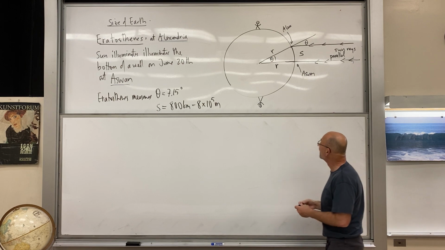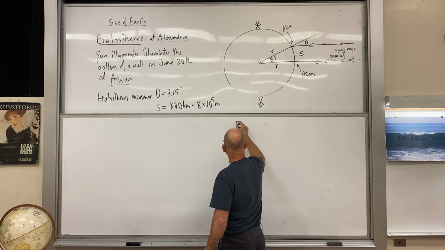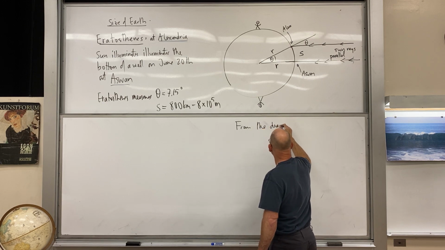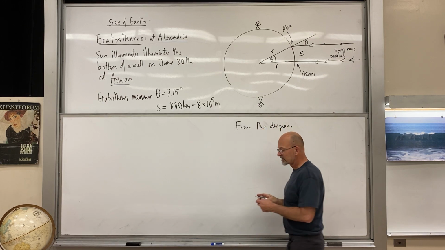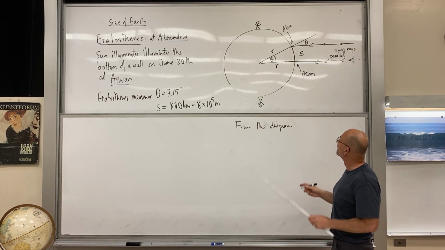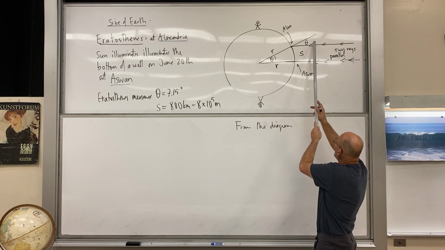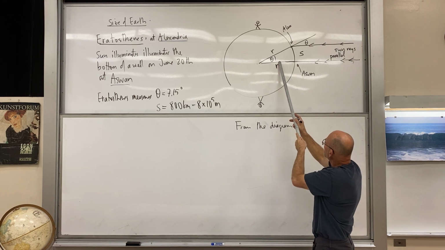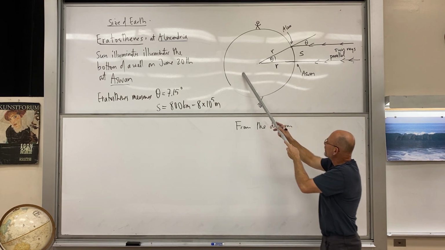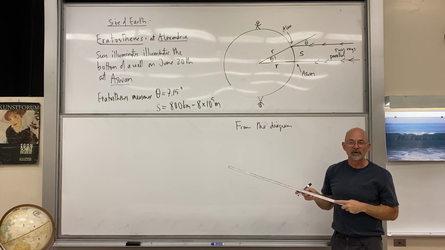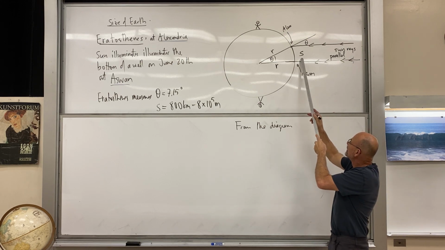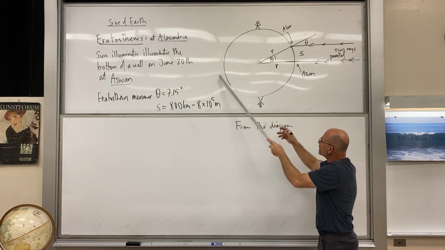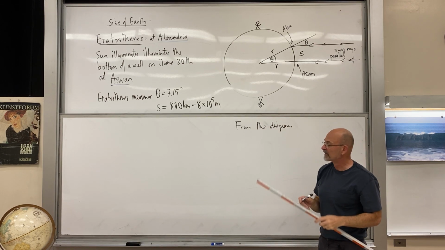So from the diagram, Eratosthenes argues like this. He says, this angle is the same proportion, or it's the one in the middle here. This is the same fraction of 360 degrees as this S arc length is a fraction of the entire circumference.